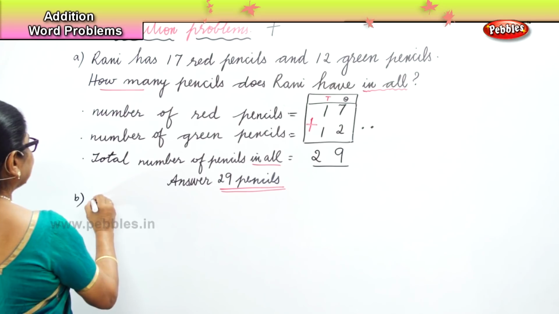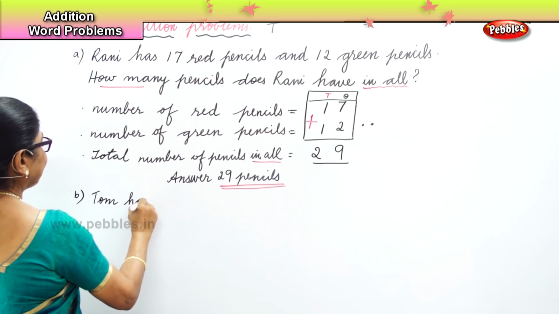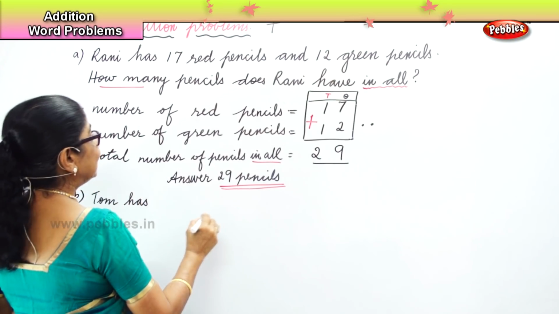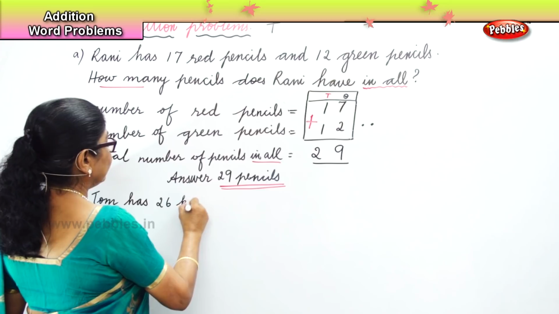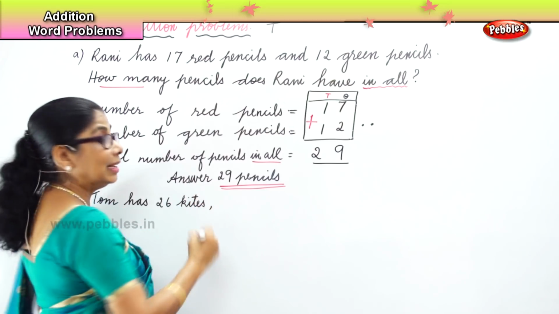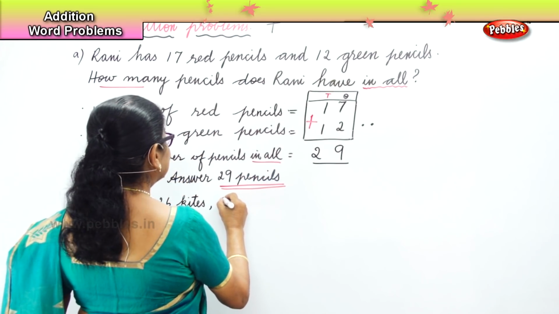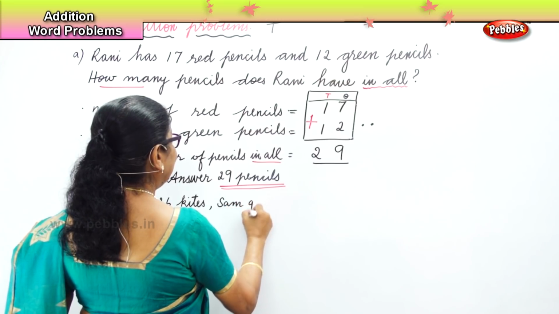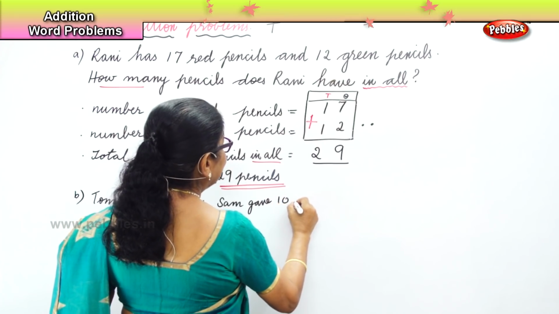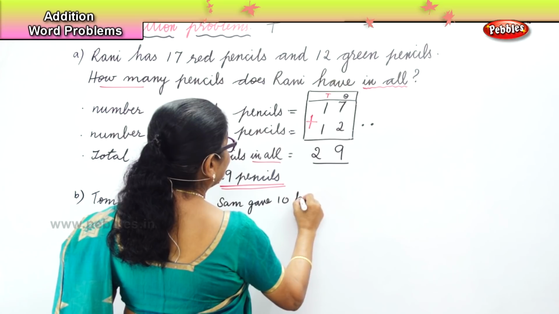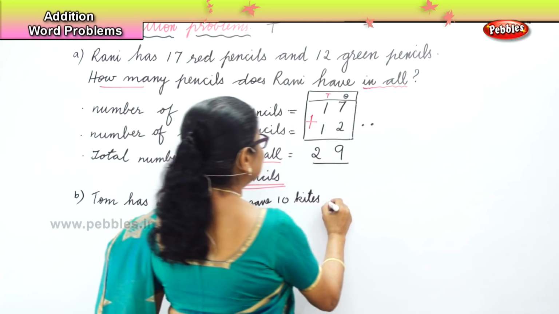Tom has 26 kites, and Sam gave 10 kites to Tom.